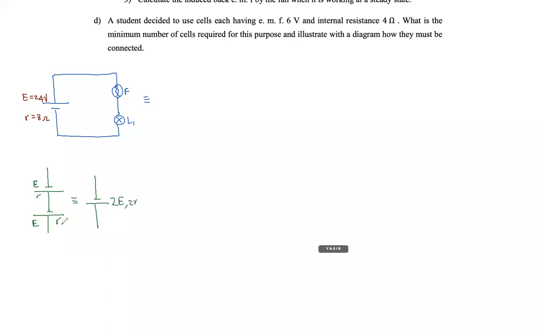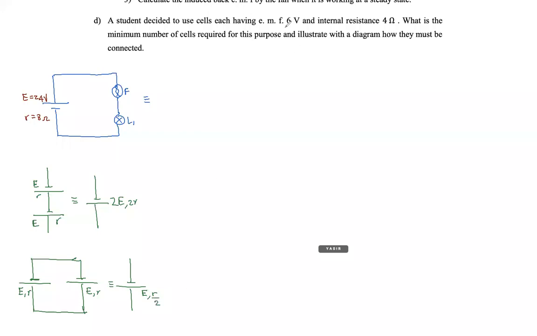Both are in series, so both should be added. But when you put them in parallel, with E, R here and E, R here, the EMF will remain as E, no change, but the resistance will become R by 2.